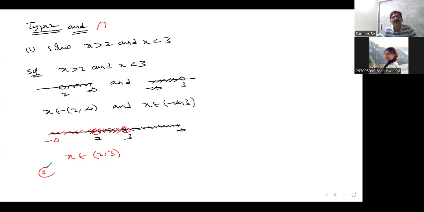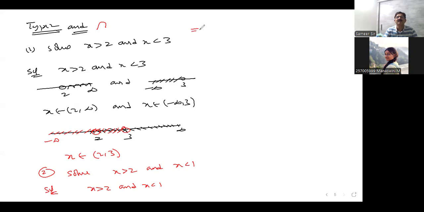Clear? Sometimes we may not get a result. What is that? x is greater than 2 and x is less than 1. What do you have to do? x greater than 2 and x less than 1.